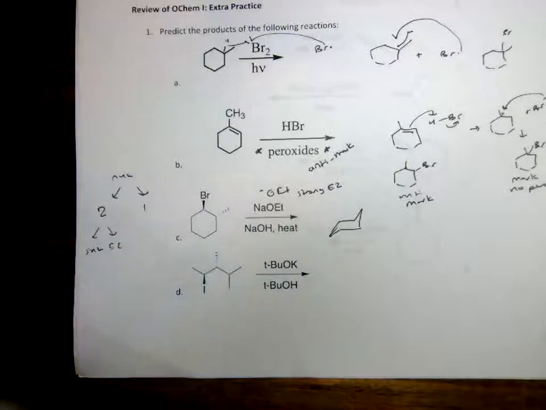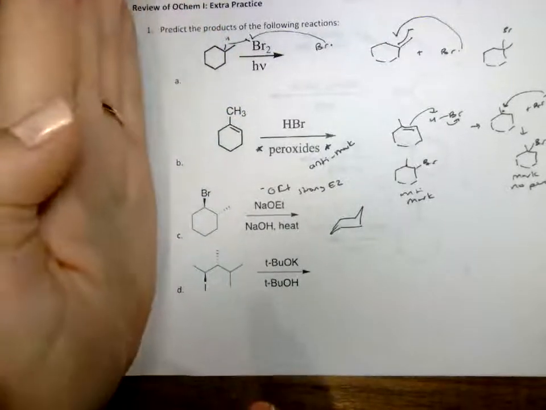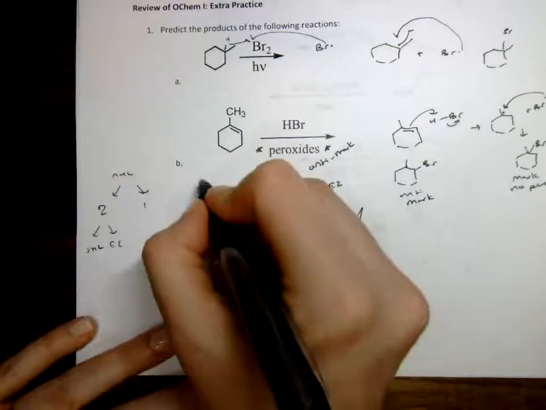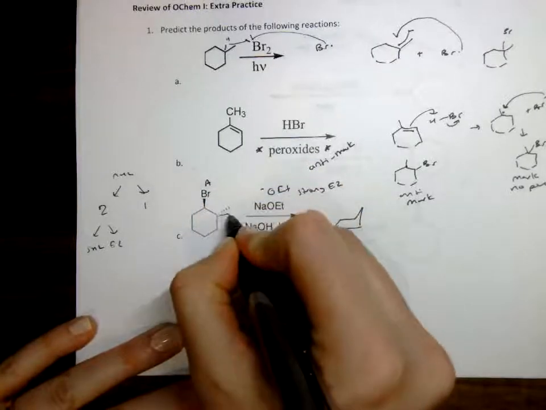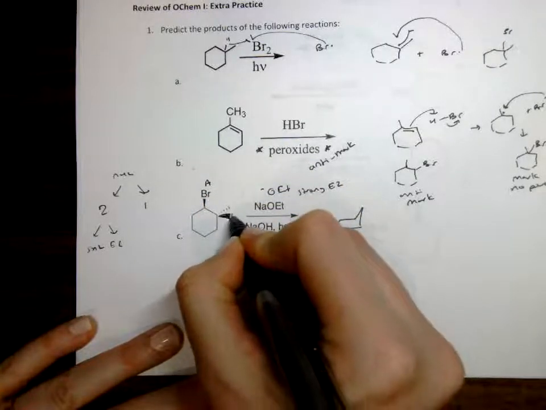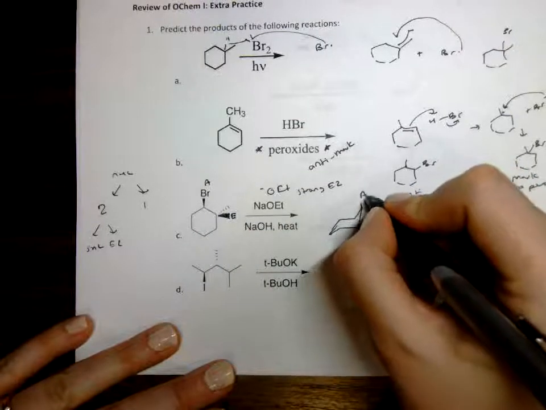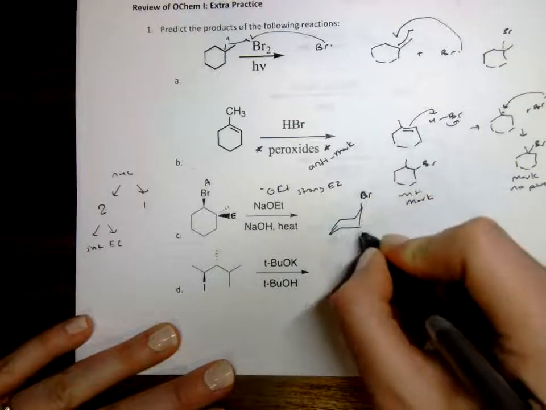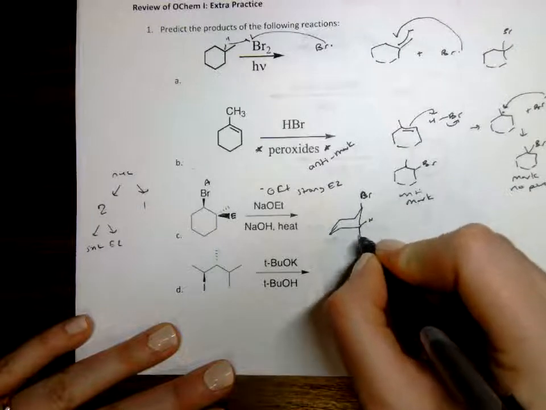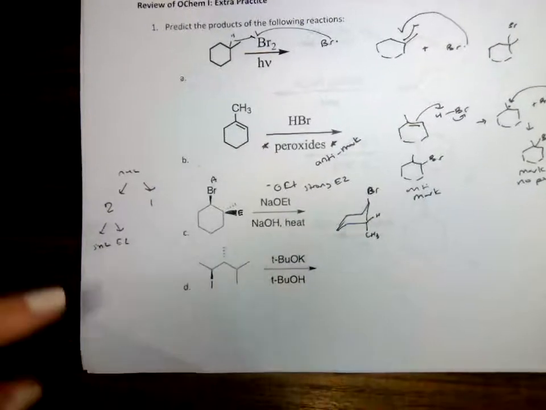The leaving group and the hydrogen have to both be axial. So I'm going to make this leaving group axial, which means the hydrogen adjacent to it would be equatorial. If the bromine is axial, this hydrogen is equatorial, and the CH3 is axial.